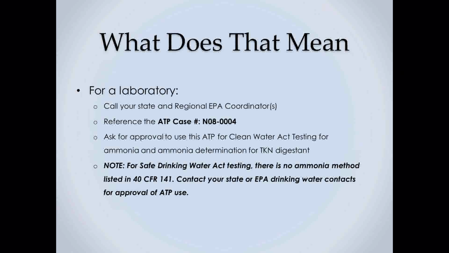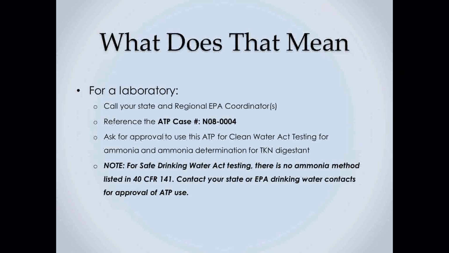But for Safe Drinking Water Act testing, there is no ammonia method listed in 40 CFR 141. But there are drinking water laboratories that have to do ammonia testing, either due to the fact they are making chloramines or the fact that they have a natural source of ammonia from plant matter decay coming in, specifically in a surface water plant.